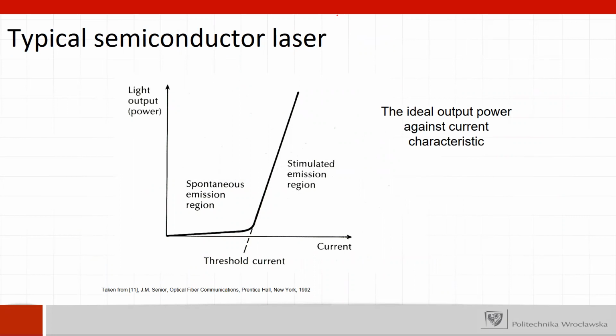A typical output power against current characteristic of a semiconductor laser looks like that. When we increase the current, at low currents we will have domination of spontaneous emission.